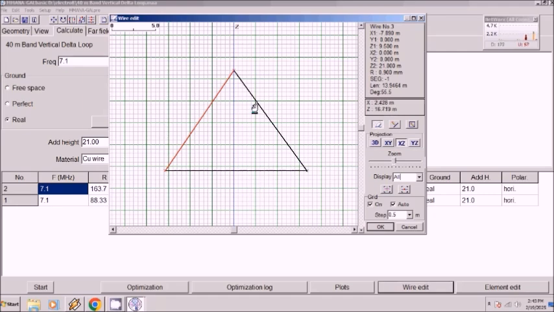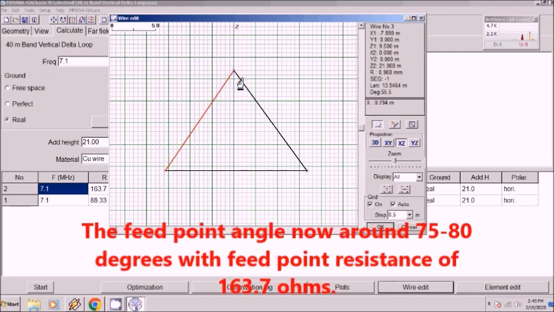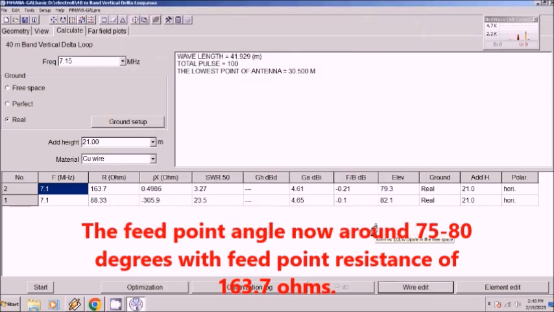And for this design, the angle here is around 75 to 80 degrees, resulting in this value. Okay, good gain, but still bad SWR and bad resistance here.